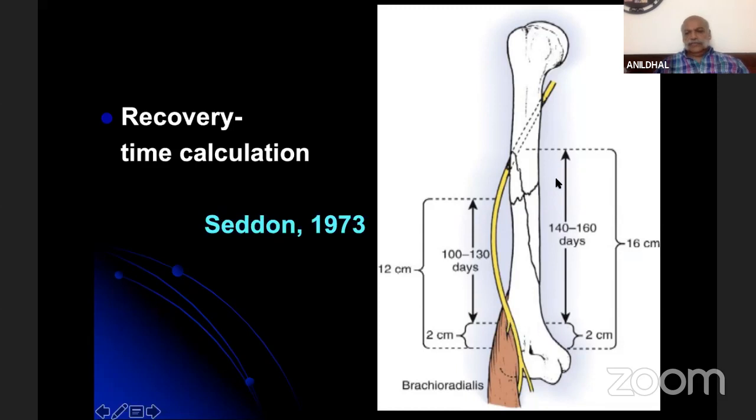So if this distance happens to be about 16 centimeters, then it is going to be 160 days, because recovery is occurring at the rate of 1 millimeter per day. And do not forget to add 30 days or 1 month of Wallerian degeneration to this calculation of 160 days, because during Wallerian degeneration, no recovery occurs.